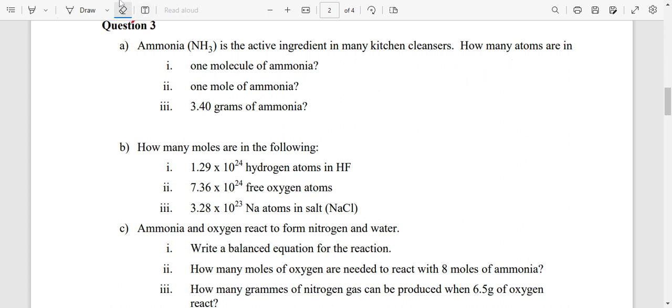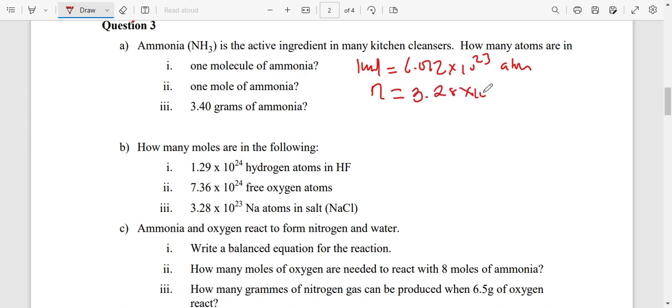Now let's have part 3. How many moles are in 3.28 times 10 to the power 23 sodium atoms? Okay, in sodium chloride, same. One mole is the same 6.022 times 10 to the power 23. Doesn't matter what you're talking about, atoms. Now I want the number of moles present in 3.28 times 10 to the power 23 atoms.